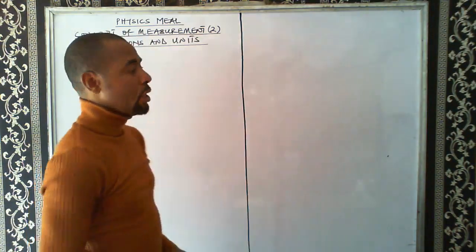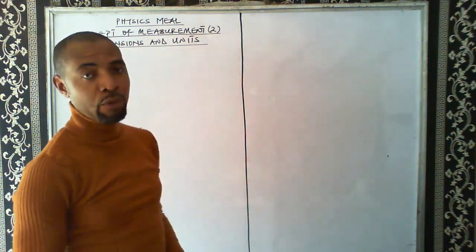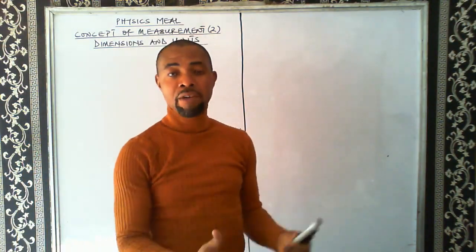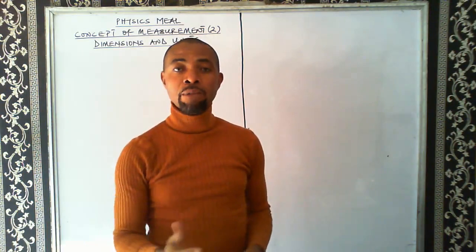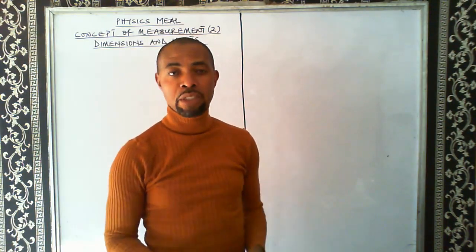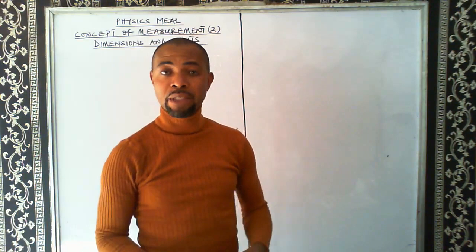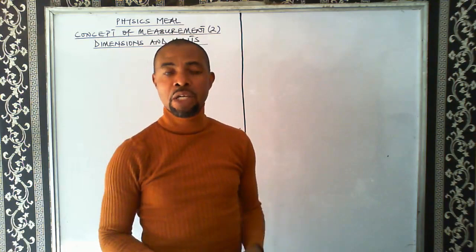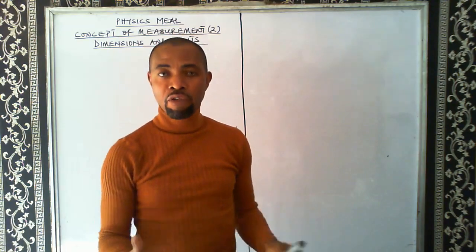All right, without taking much time, let's begin the business of the day, which is on dimensions and units. In our last video, we looked at the concept of quantity, and we defined quantity. A quantity is any physical constant or variable that can be measured. And you remember we said that we have two types of quantities as far as the concept of measurement is concerned: fundamental quantities and derived quantities. We also gave examples of fundamental quantities.